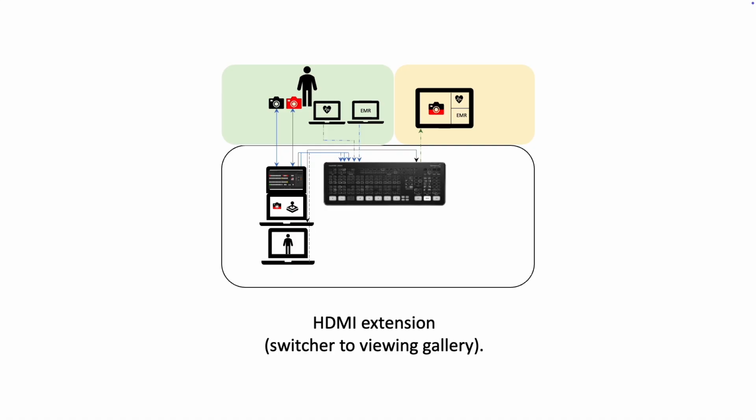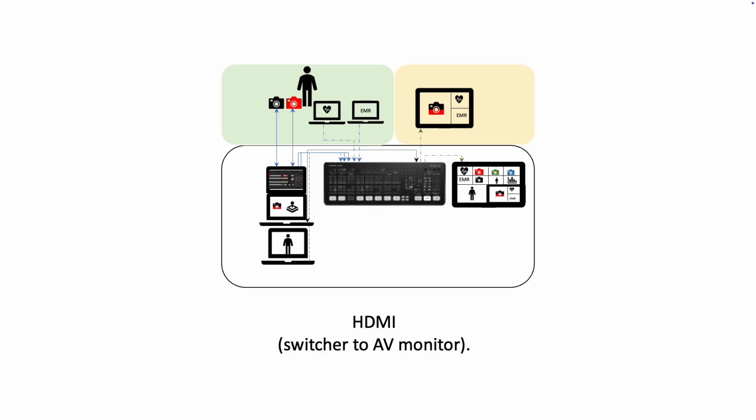With the ATEM software control, the switcher's first HDMI output is a PIP or picture-in-picture video to the viewing gallery via HDMI extension transmitter and receiver. The remaining HDMI output provides an overall video multi-view at the AV monitors in the simulation control station.